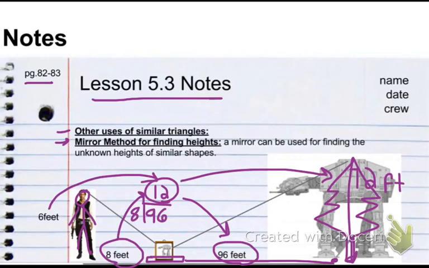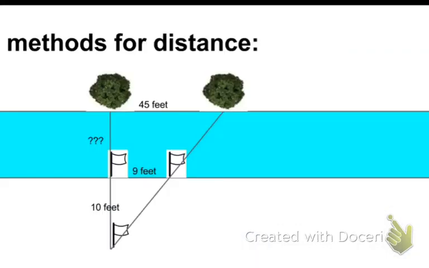Okay, skipping ahead. Another way we can use distance is, we can measure distance as well as height of objects. And here's an example straight out of your book on page 82. I've just modified it a little bit. Here we have a river, and we do not know how wide this river is.